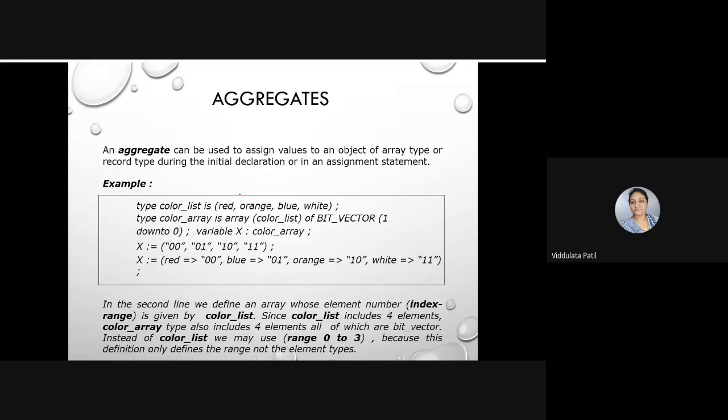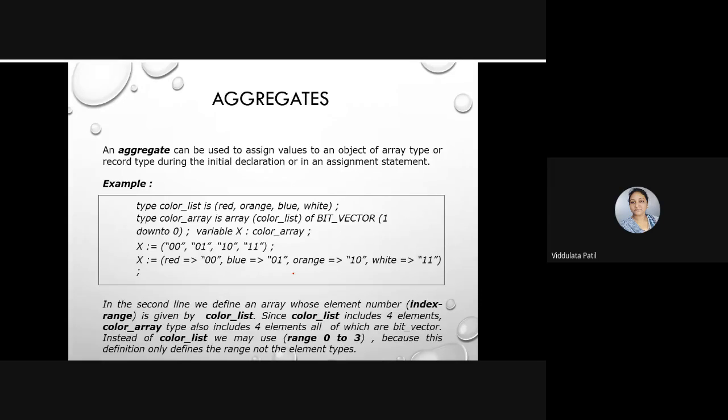So we can use integers also, which will represent 0, 1, 2, and 3. Okay, so that is aggregates. We did similar things while working on the state machine program.